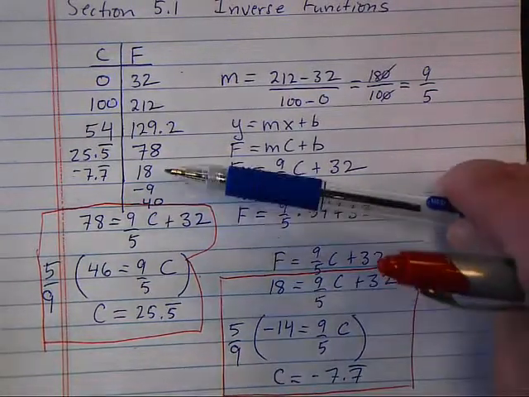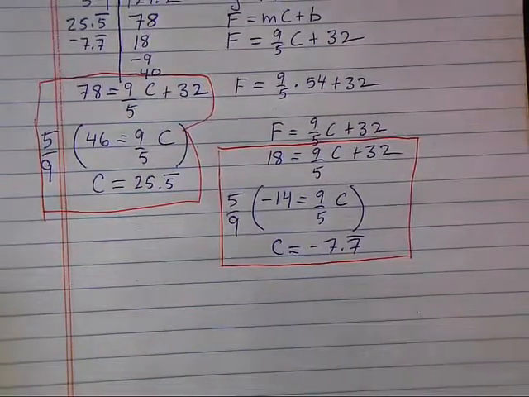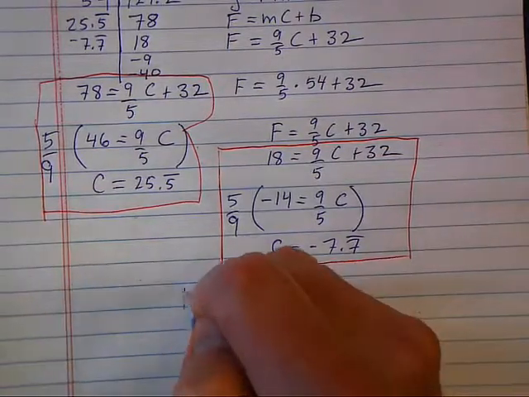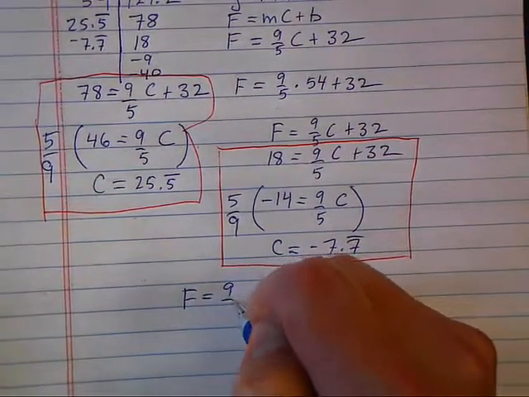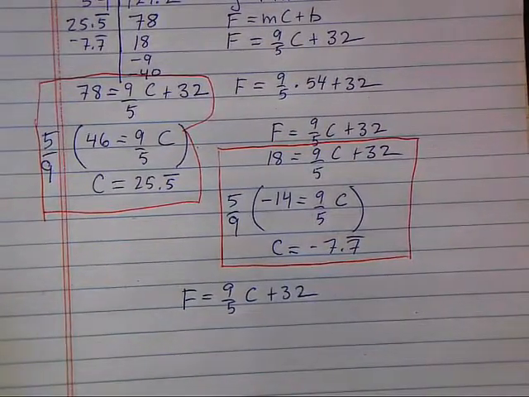Instead of continuing to plug more and more numbers in, maybe it would be easier to just do it in general. Let's say I were to take F equals 9/5 C plus 32, and I told you, take that equation and just get C all by itself. How would you do that?